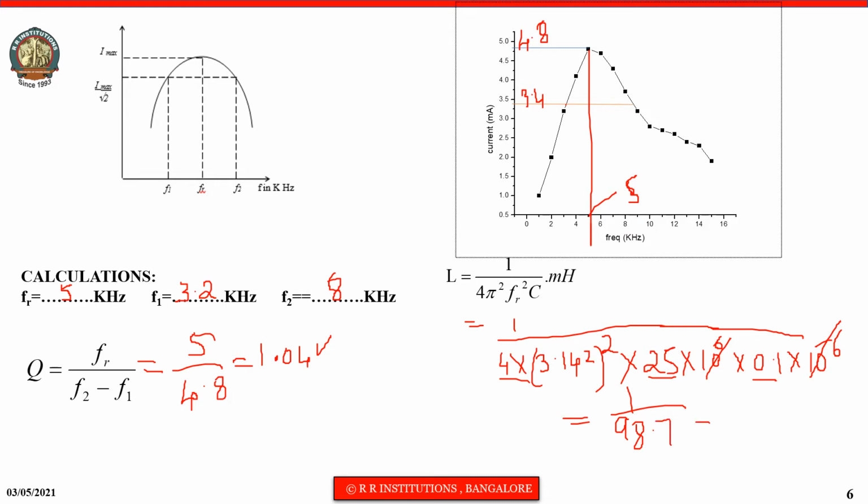So this comes out to be 0.0101 Henry. In terms of millihenry, you shift the decimal by 3 digits, so it becomes 10 into 10 to the power -3, that is nothing but 10 millihenry.